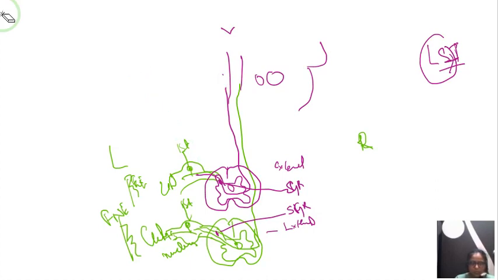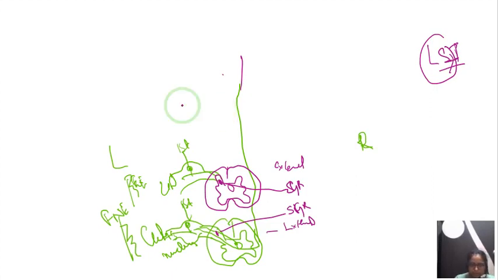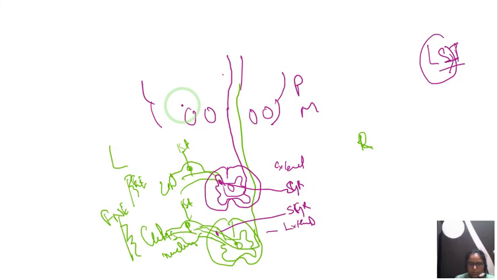So let me make it small. Yeah, the sensations are coming from here, then to here. For example, this is your medullary level. It crosses it. Then your pons crosses it also. Then comes your midbrain. Good, fine. And this is your cerebral aqueduct, for example.